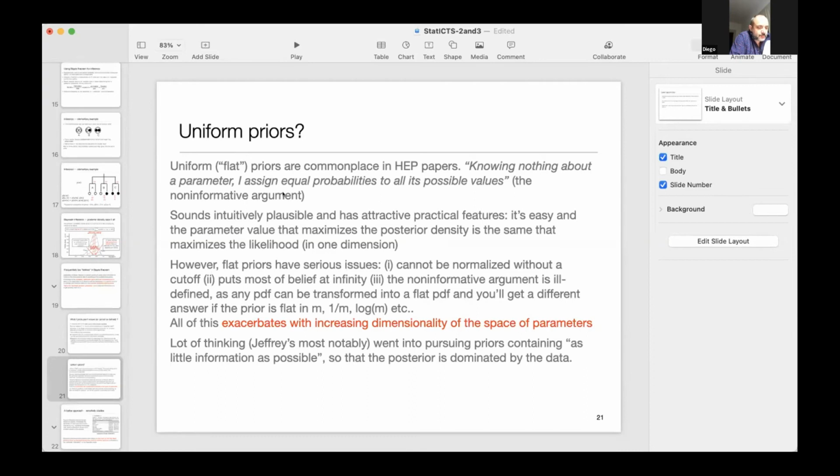People tend to find this reassuring, and so they use uniform priors, but unfortunately they use them also in many dimensions. This is no longer true. This correspondence between frequentist and Bayesian is an accident that only happens in one dimension. Okay, thanks.